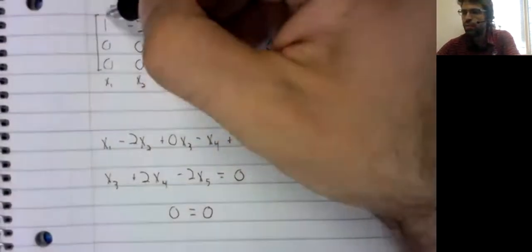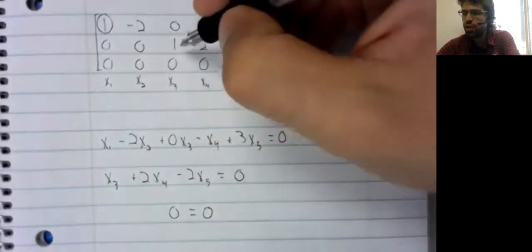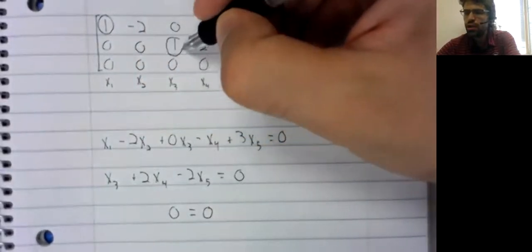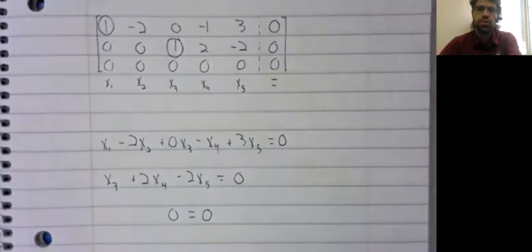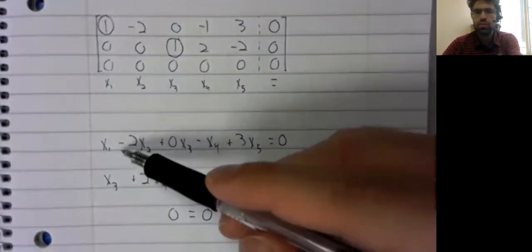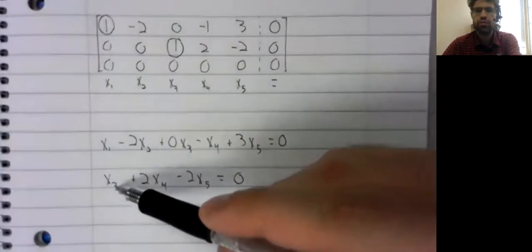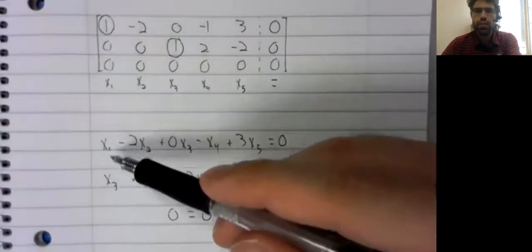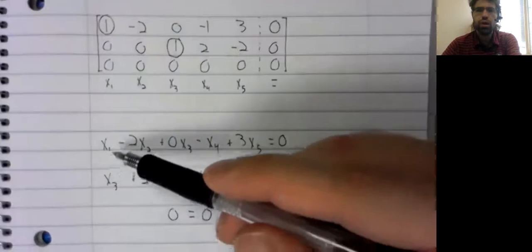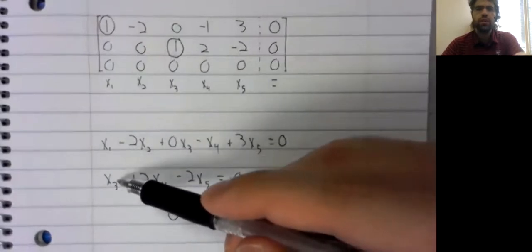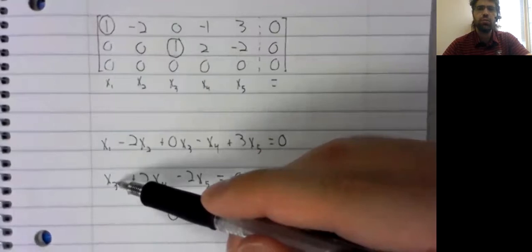Our pivot positions are here and here. So our basic variables are x1 and x3. We'll take these two equations and solve for the basic variables.